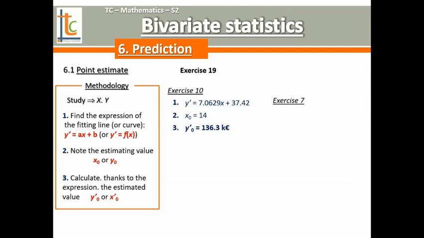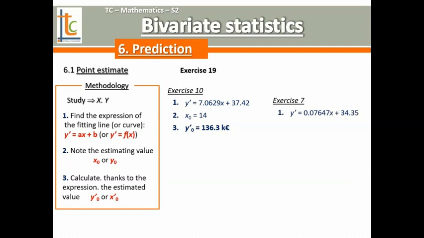This was our example of harvest with respect to the quantity of fertilizer. The quantity of fertilizer is the variable x, and the harvest, the variable y. And the expression of the straight line that has been used as a model here was this one.